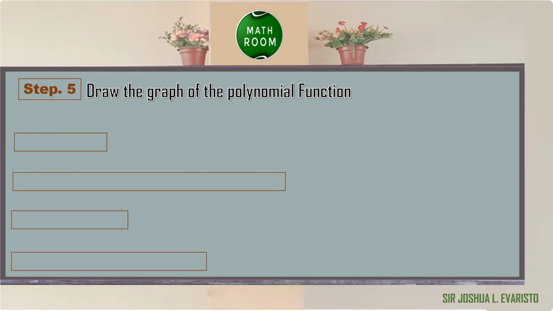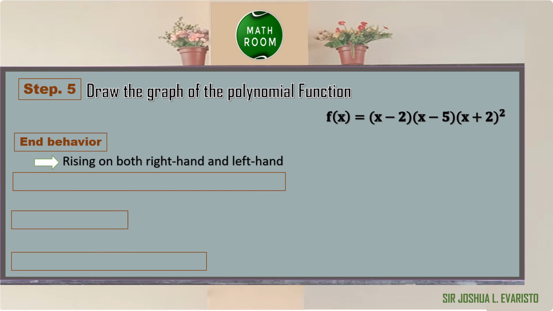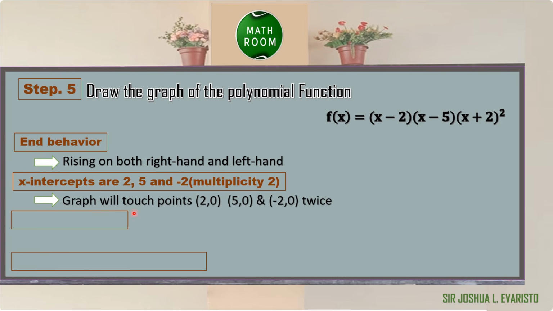For the last step, we can now draw the graph of the polynomial function. The end behavior of the graph is rising on both right hand and left hand. The x-intercepts are 2, 5, and -2 with multiplicity of 2, which means that the graph will touch the points (2, 0), (5, 0), and (-2, 0).